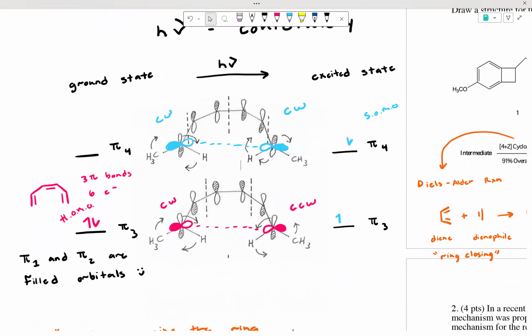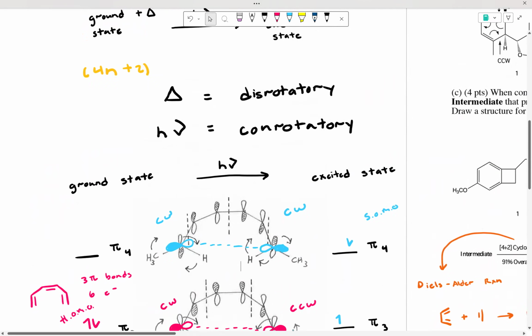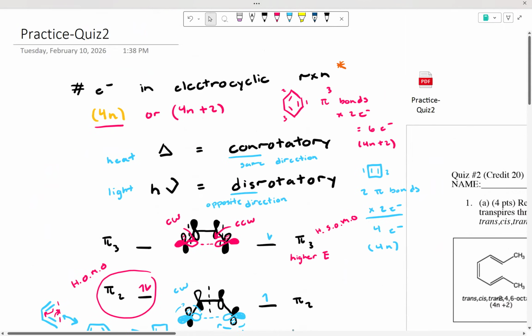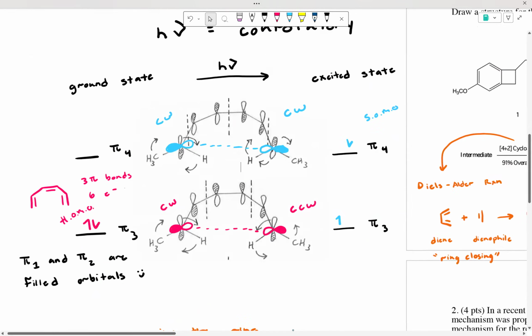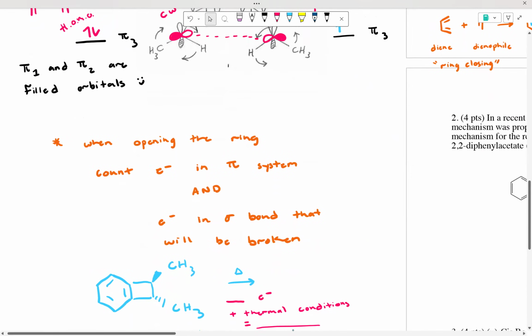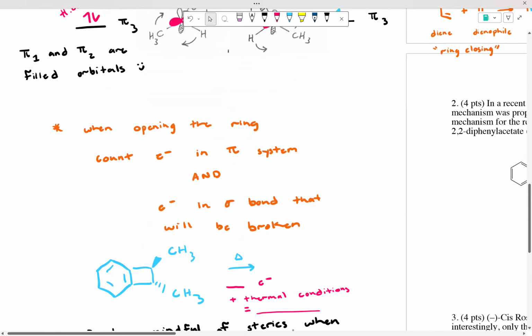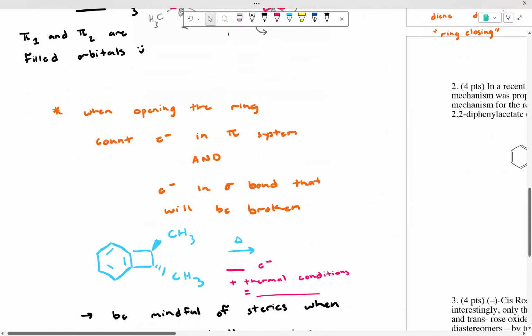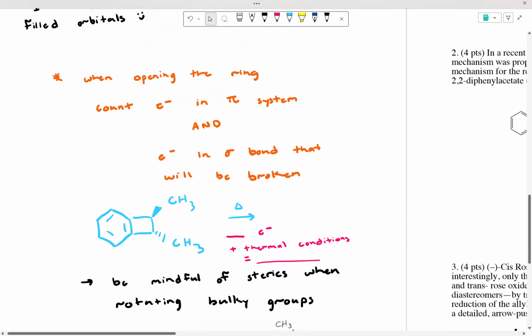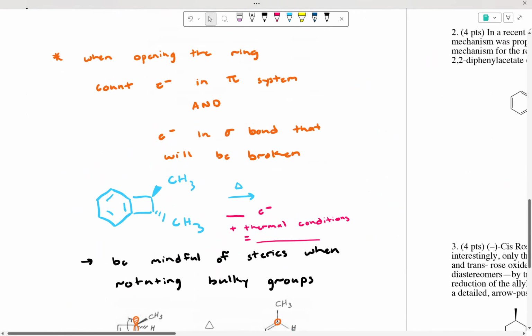And if you recall, I have an asterisk above there, and it says, when opening the ring, count electrons in the pi system and in the sigma bond that will be broken. So I have this molecule here, and I'm going to count how many electrons are in the pi system. That's going to be 1, 2, 3 pi bonds.